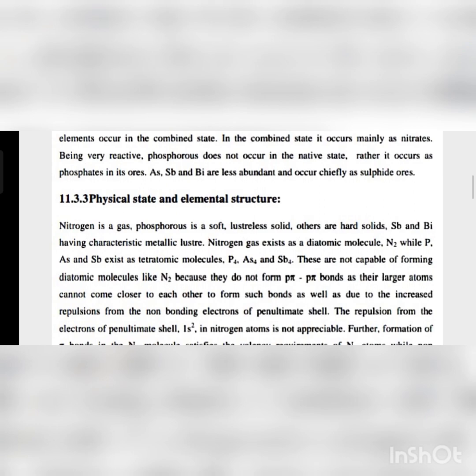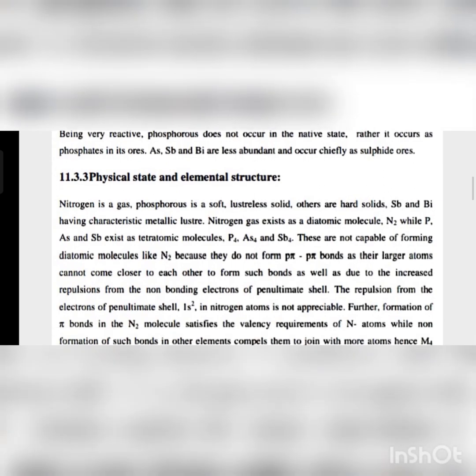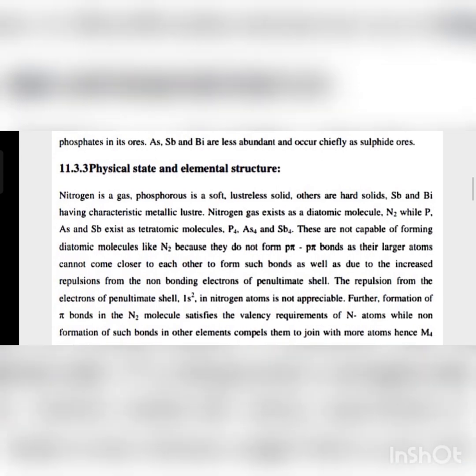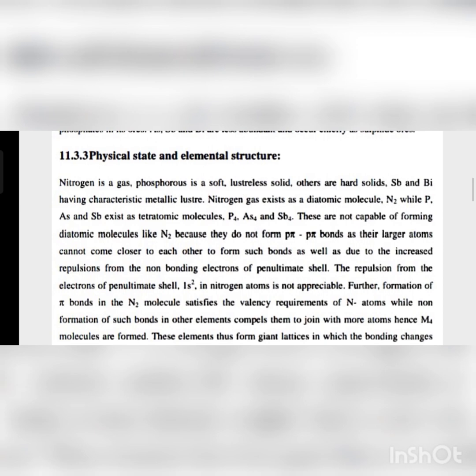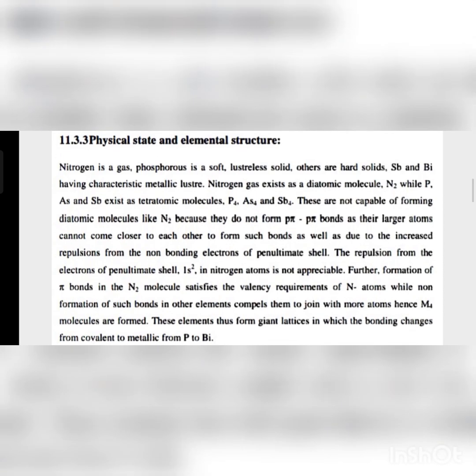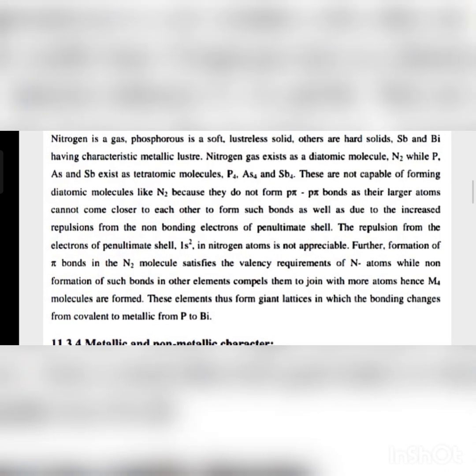The repulsion from the electrons of the penultimate shell 1s2 in the nitrogen atom is not appreciable. Further, formation of pi bonds in the N2 molecule satisfies the valency requirement of N atoms, while non-formation of such bonds in their elements compels them to join with other atoms.